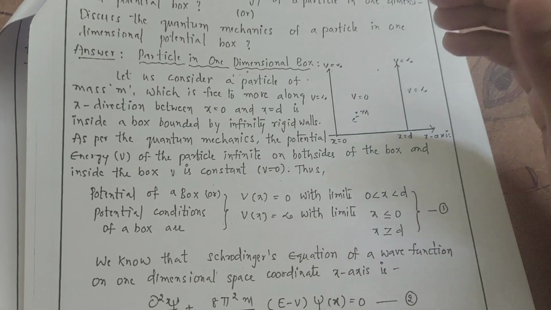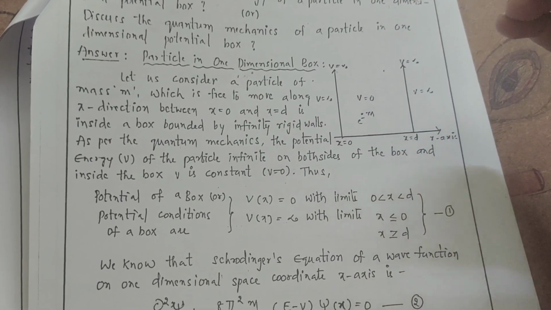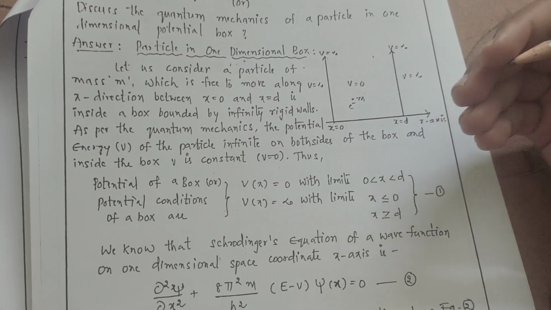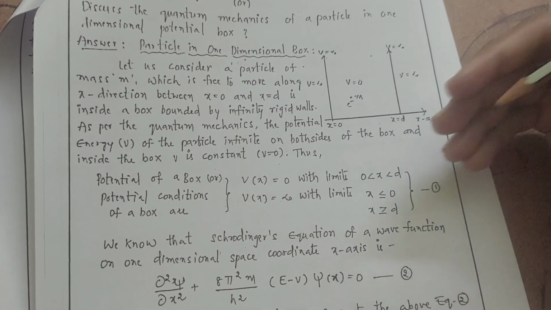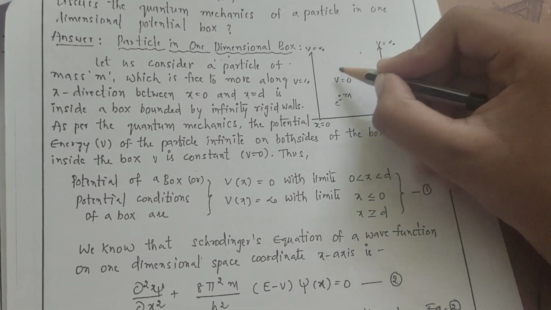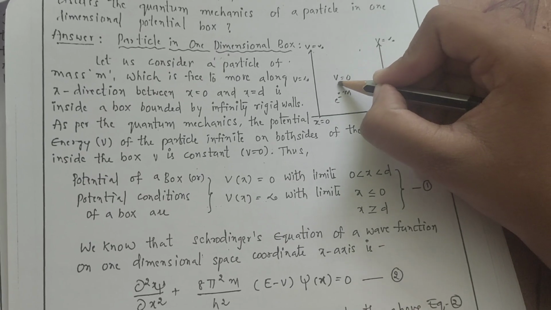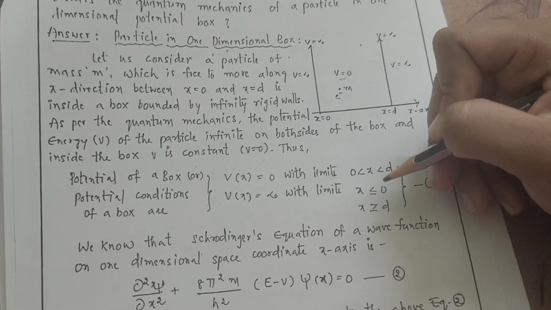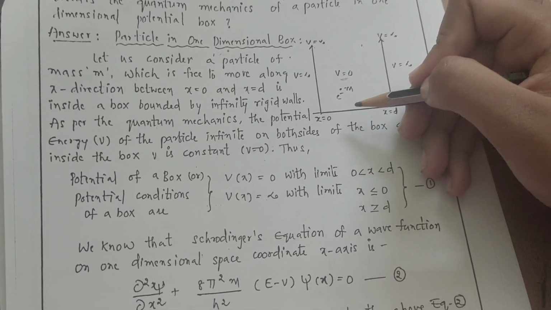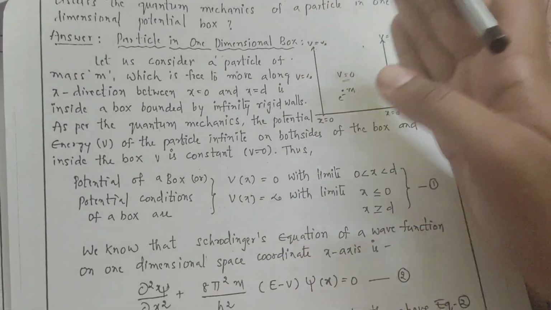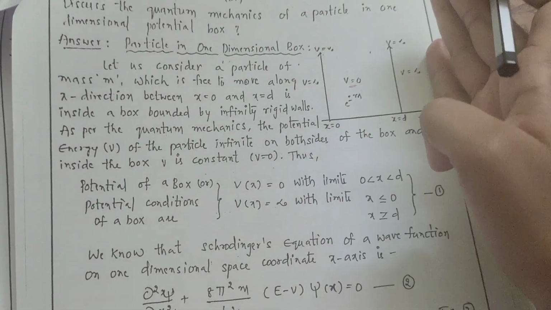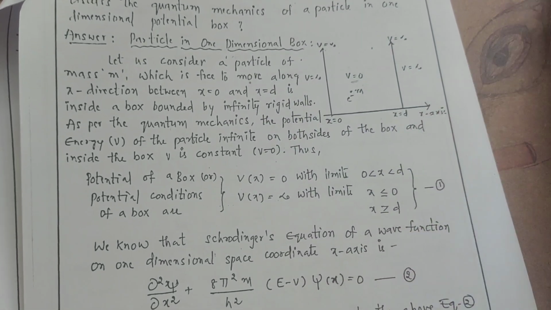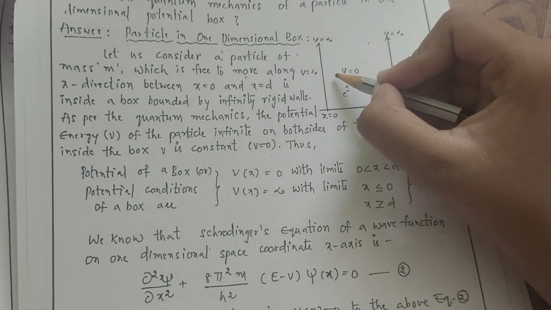As per quantum mechanics, the potential energy V of a particle is infinite on both sides of the box, and inside the box V is constant, that is 0.